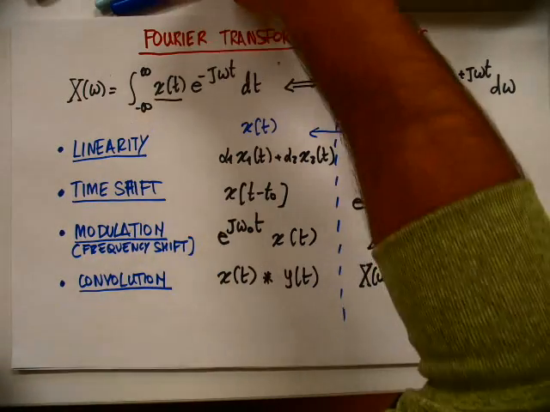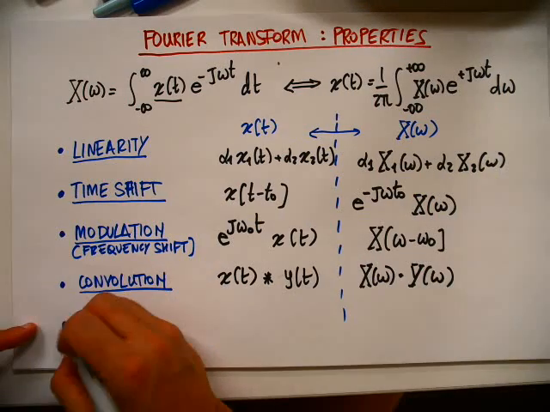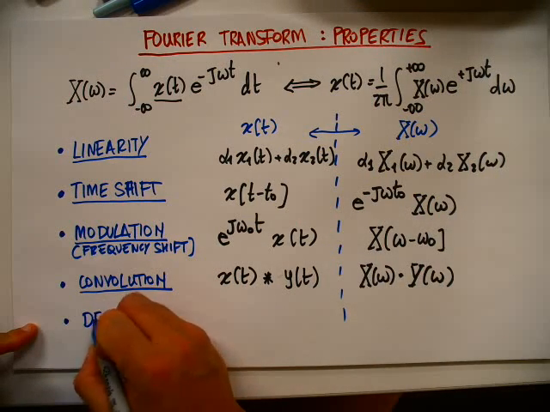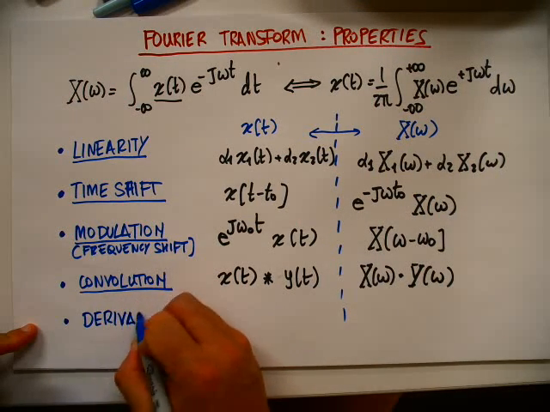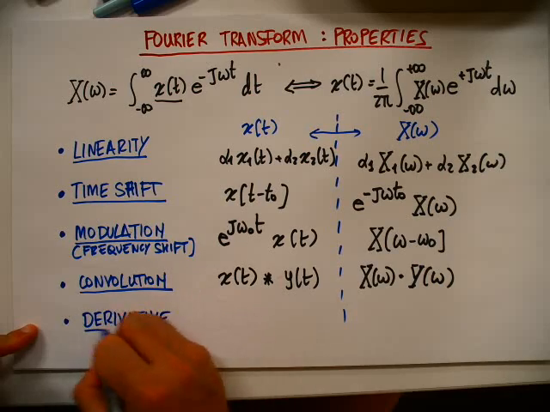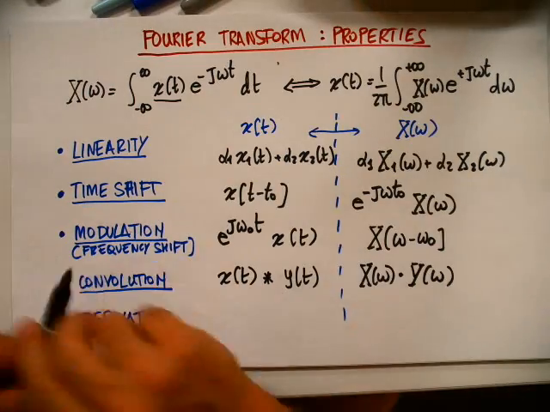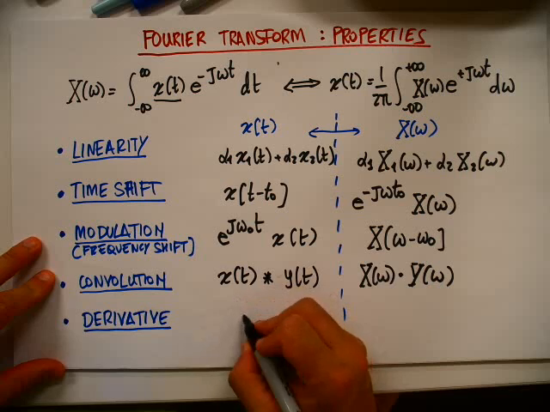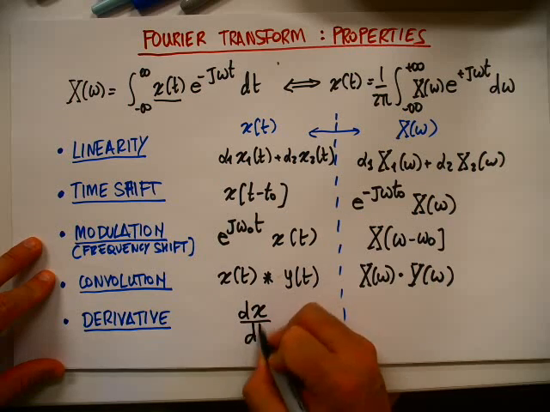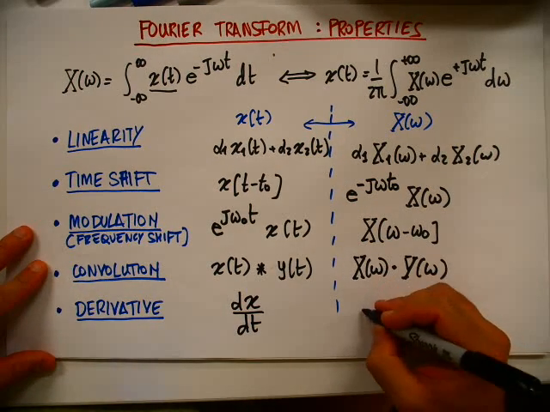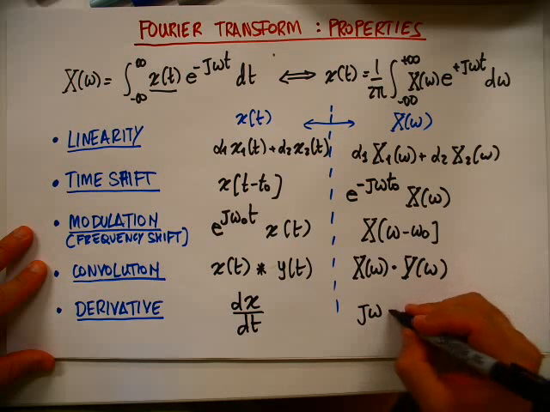Then we have the derivative. The Fourier transform of dx/dt is equal to j omega times X of omega.